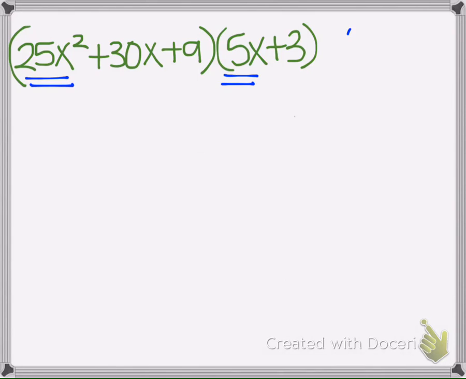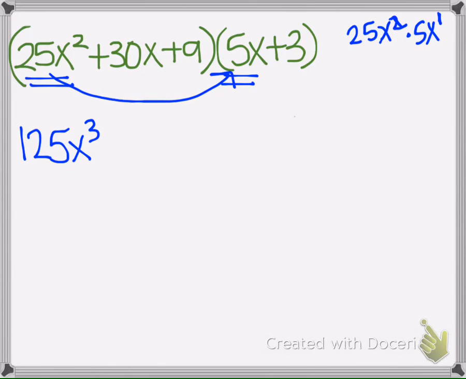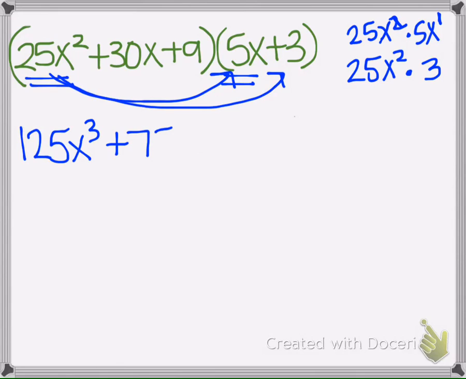So 25x squared times 5x is 125x to the third, because I'm going to add the exponents. And now I'm going to do 25x squared times 3, which is 75x to the second.